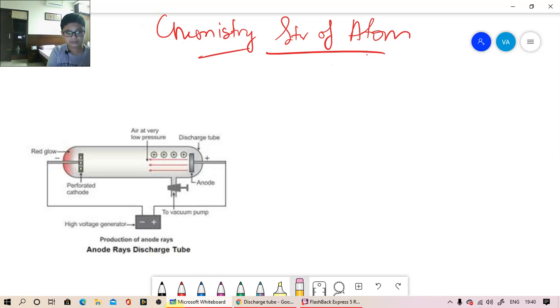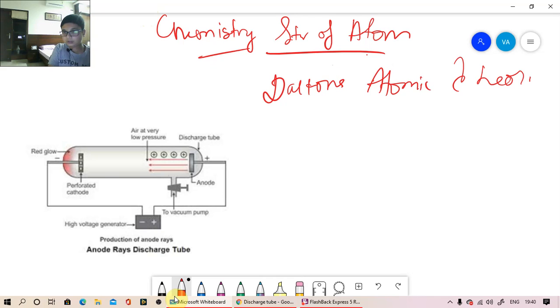Firstly, we will start with Dalton's atomic theory. John Dalton proposed the Dalton's atomic theory. He told that matter was composed of tiny indivisible particles called atoms.